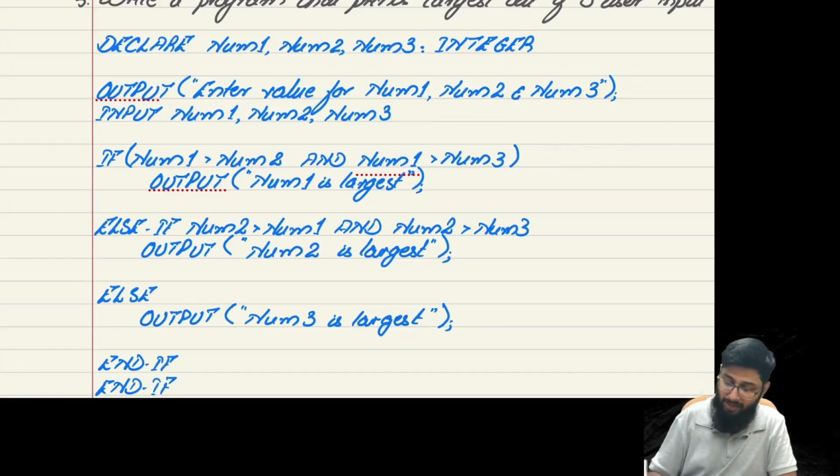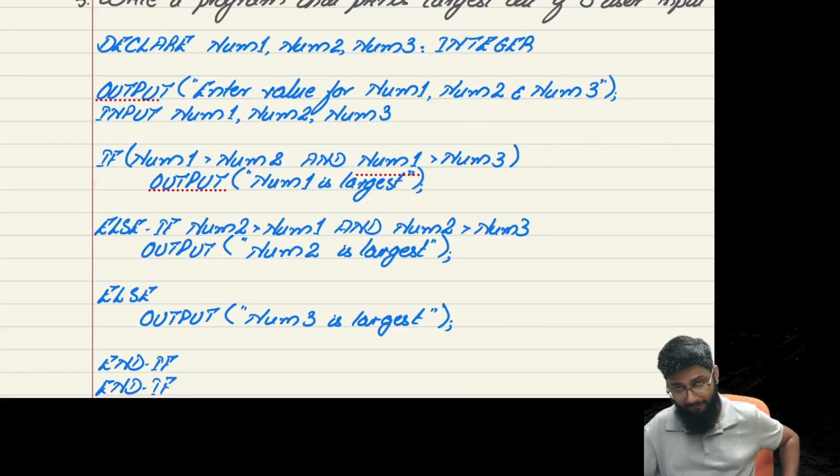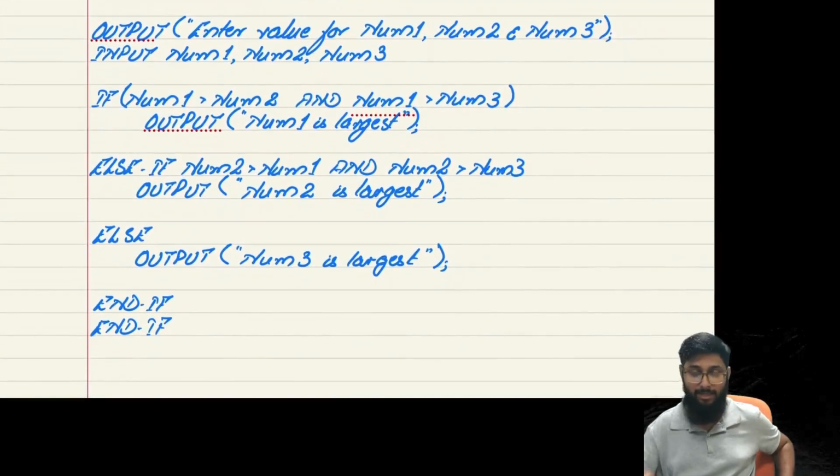So if that is so, then obviously this output statement that says num1 is the largest is going to execute. Else if, now we do have multiple conditions, else if we will check for the second, num2 is the largest. In case neither this one is fulfilled nor this one, then which one will be fulfilled? So obviously else.